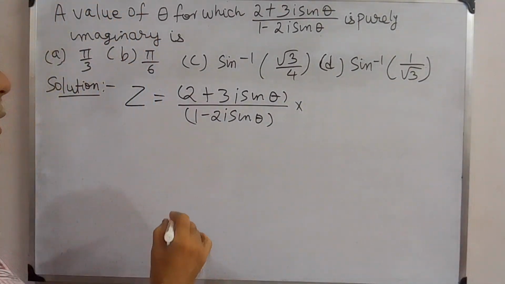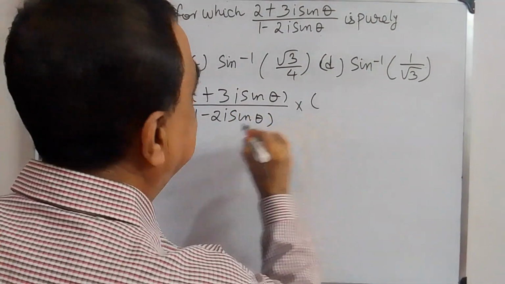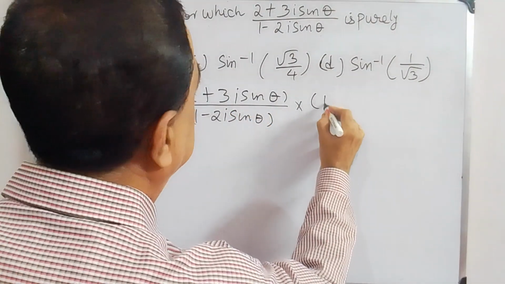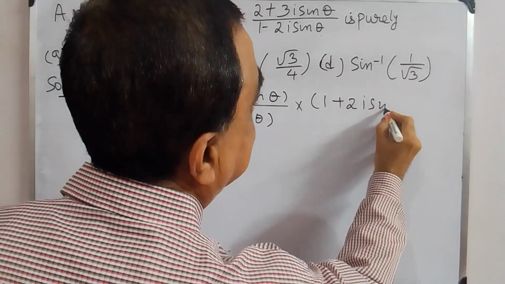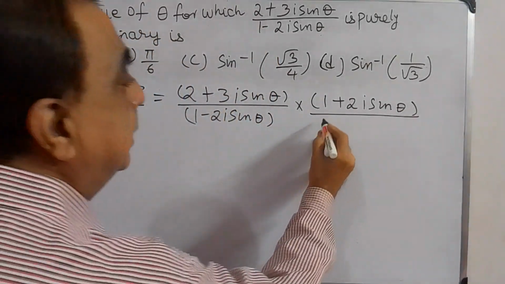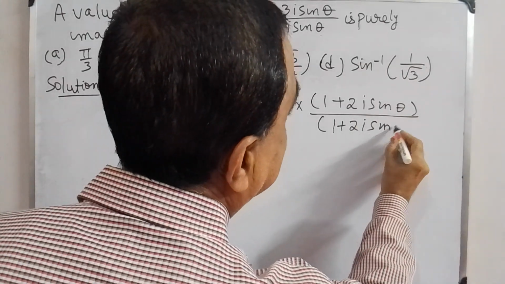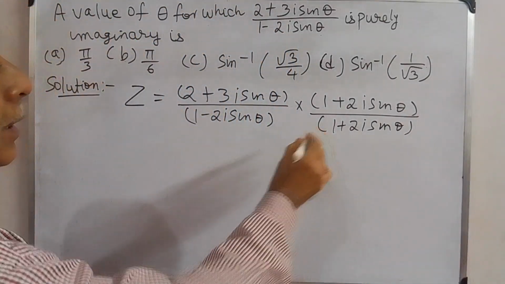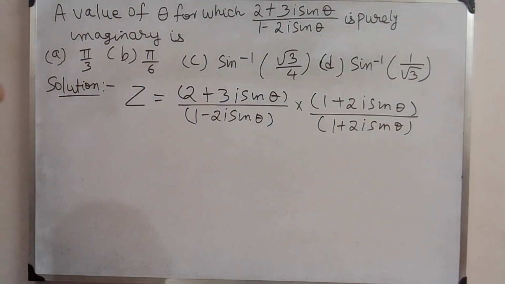Here we multiply the numerator and denominator by the conjugate of the denominator, so this will become 1 + 2i sin theta divided by 1 + 2i sin theta.